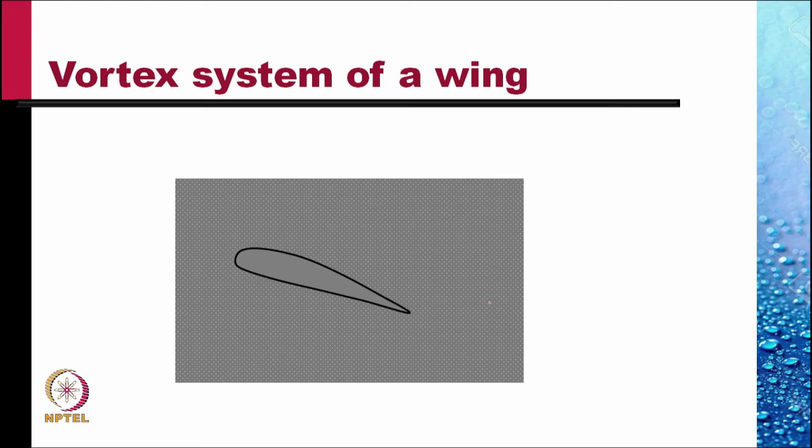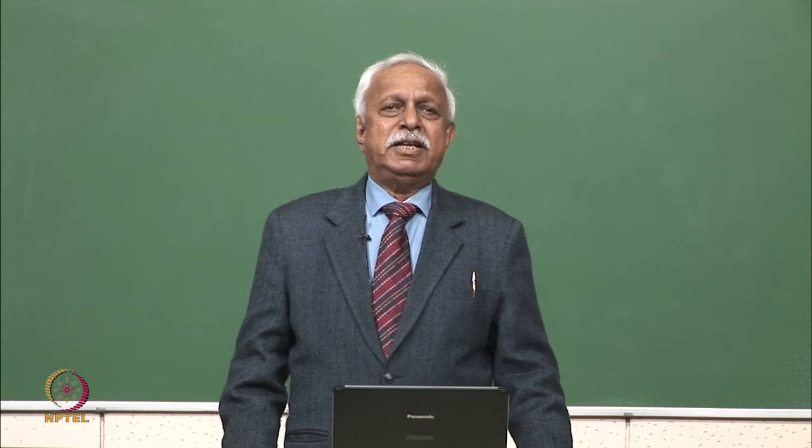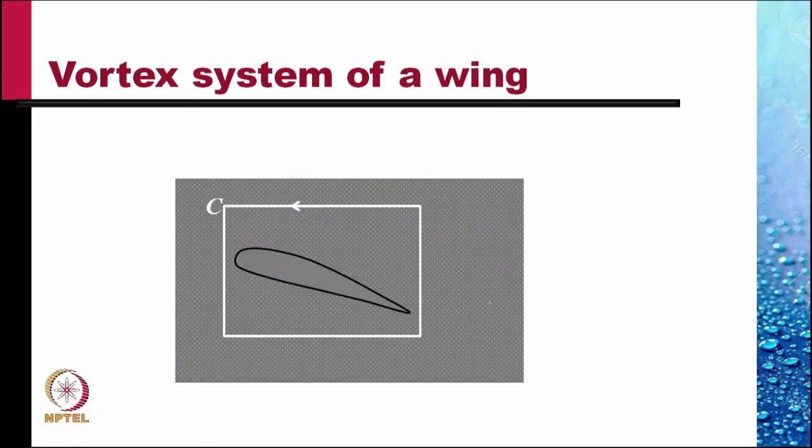And this gives an interesting conclusion. Consider an aerofoil sitting in an inviscid fluid. There is no velocity anywhere. I draw a circuit C. Clearly, since the velocity is zero, the circulation around this circuit is zero.